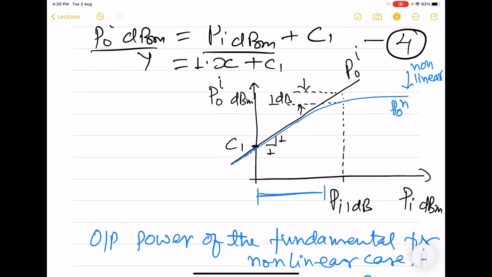However, if the amplitude comes closer to the 1 dB point, then the larger amplitude portion of the input signal will get amplified by a smaller amount compared with the smaller one. So there will be distortion in the output for an amplitude modulated signal.